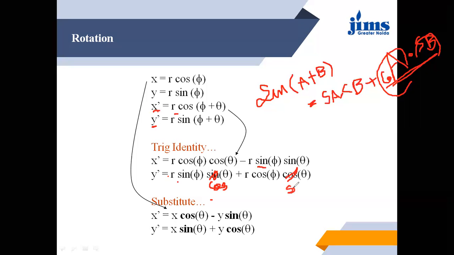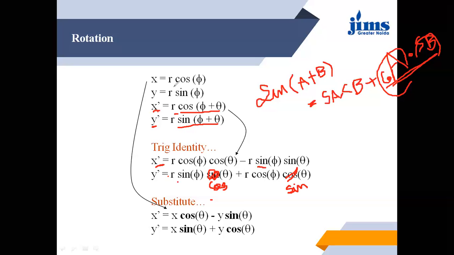So there was a mistake, and this is right because cos(A plus B) equals cos A cos B minus sin A sin B. So we wrote the formula of sin(phi plus theta) and cos(phi plus theta). I am extremely sorry for this. It is cos and it is sin.